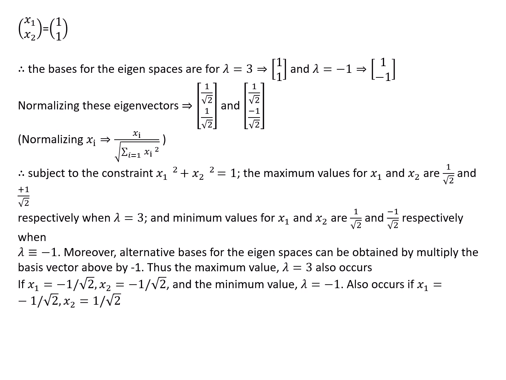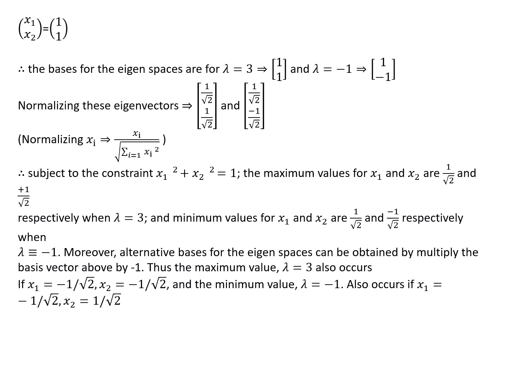So the normalized form now is xi. That is your x1, which is 1. Then when you find the root of the squares of all the vectors you have here, you have 2. That is root 2.